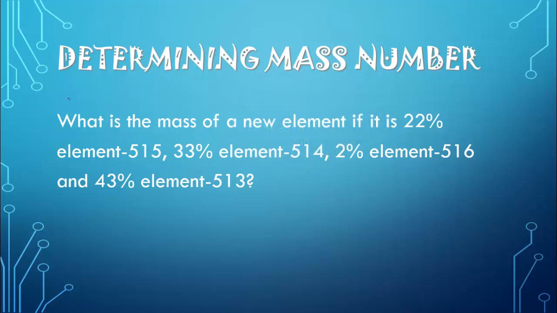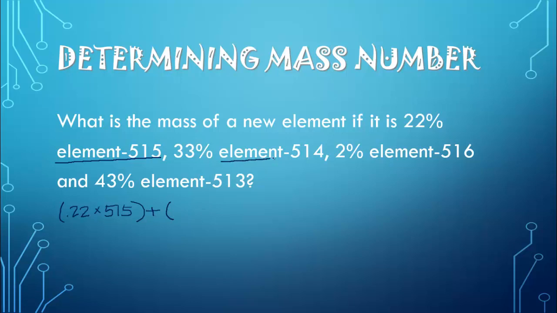So we're going to take this first isotope, and we are going to say we have 0.22 times the mass number, 515. So the mass times the relative abundance. I did it backwards from the screen. This is just what I do, but it doesn't matter because multiplication can be done in either direction. And then we're going to add it to the next isotope.